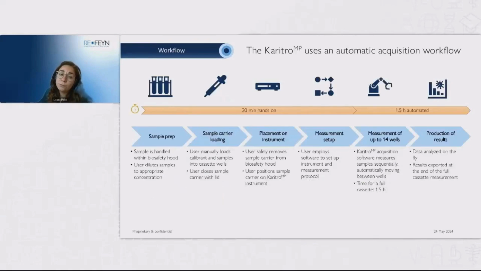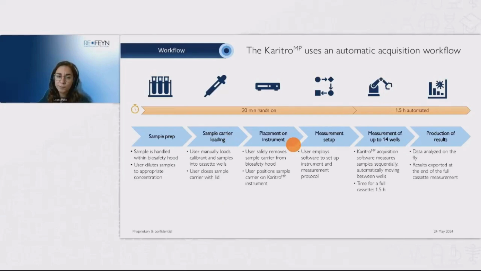And I would like to dig a bit more into the workflow. Karitro uses an automatic acquisition workflow that is composed of a first part, which is hands-on, followed by an automated portion. For the hands-on part, what you need to do is the sample prep, so dilute to the appropriate concentration, load that into the sample carrier by pipetting, and place it on the instrument.